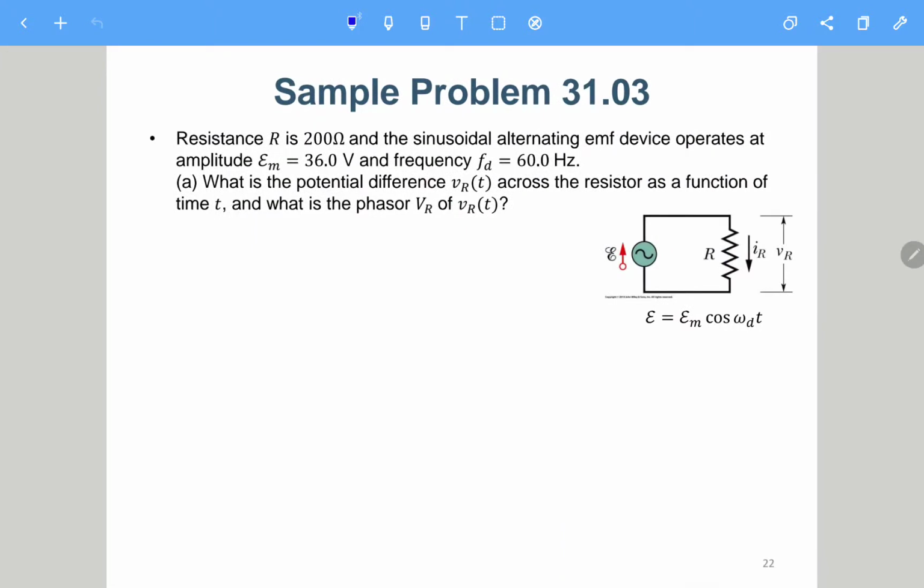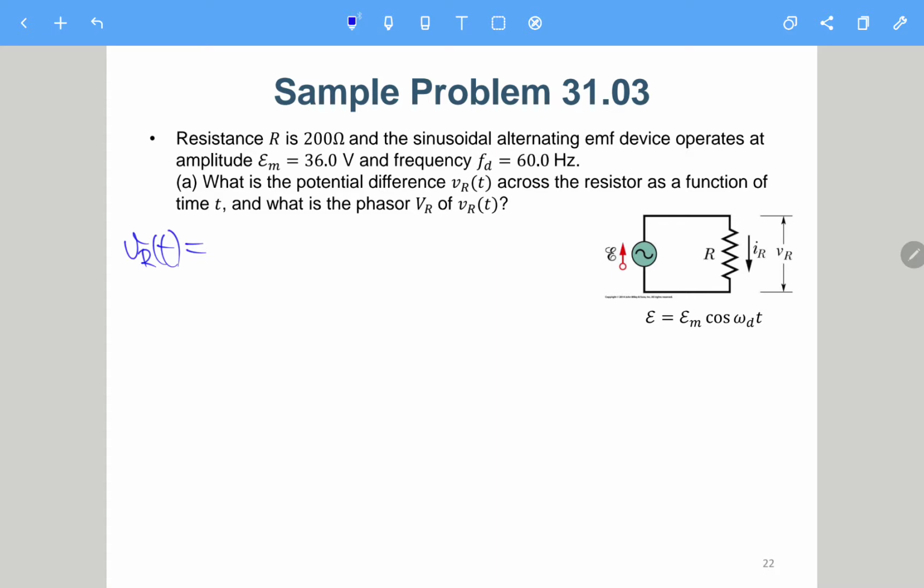Okay, so let's take a look at this sample problem, and then we can see how it is useful. The first one is resistor R is 200 ohm, and E_m is 36 volt, f_d is 60 hertz. So what is the potential difference V_R, and what is the phasor V_R? So V_R is the time domain function.